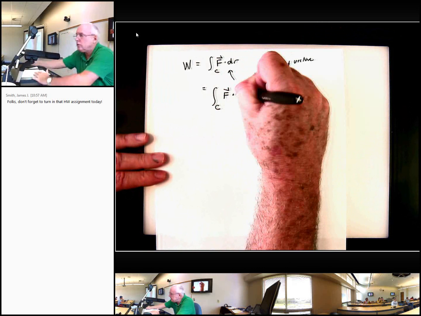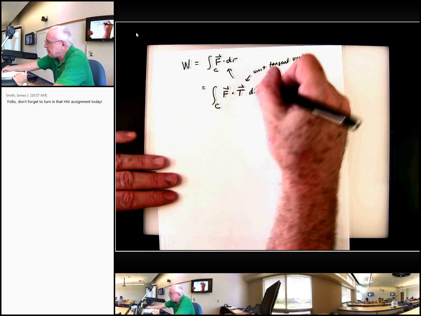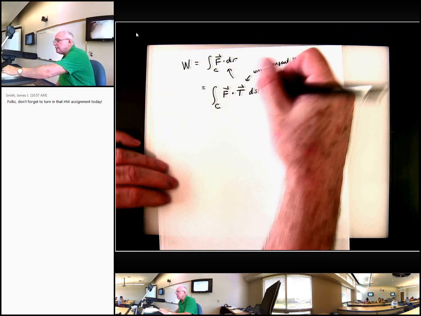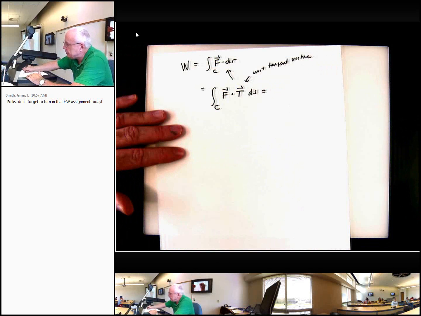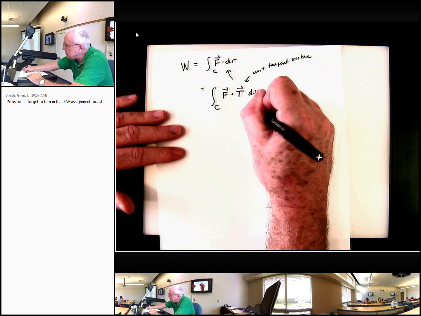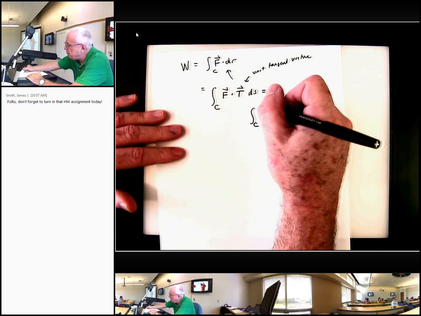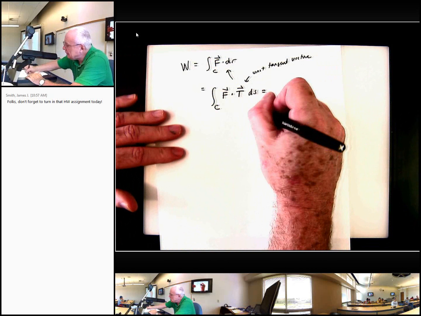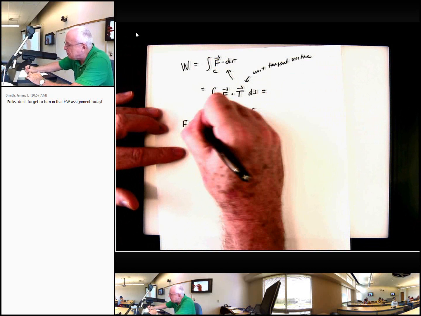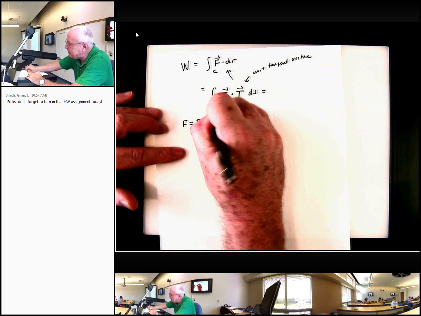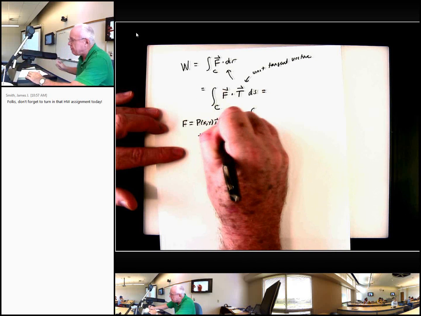ds. And we showed that what this is equal to is the integral along the curve C of, let's suppose F is equal to P(x,y) times the i vector plus Q(x,y) times the j vector.